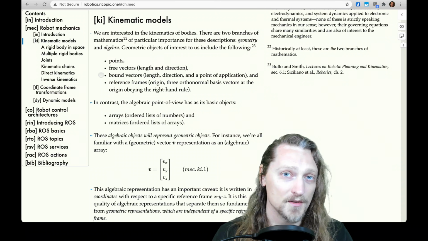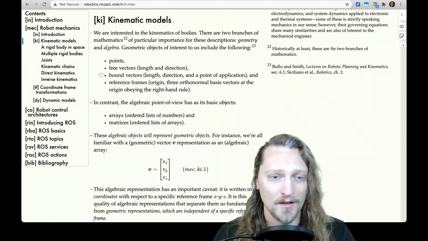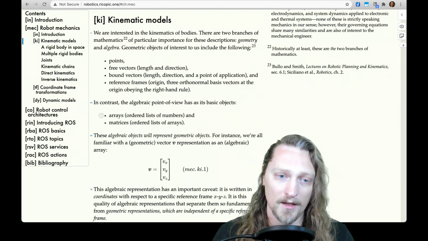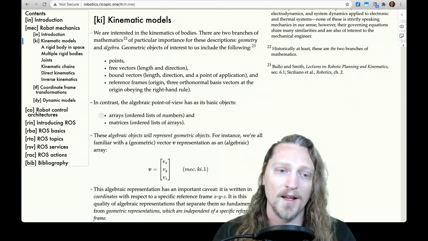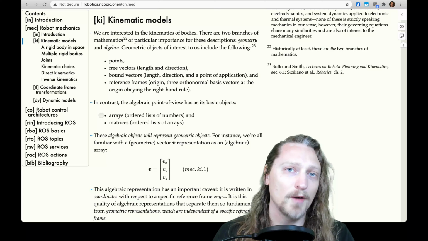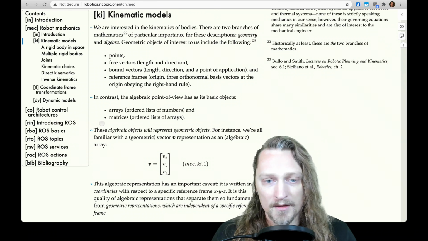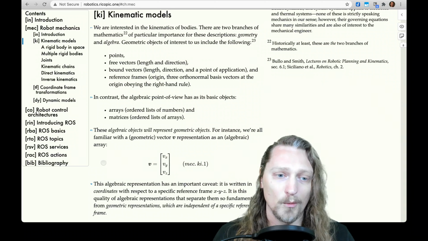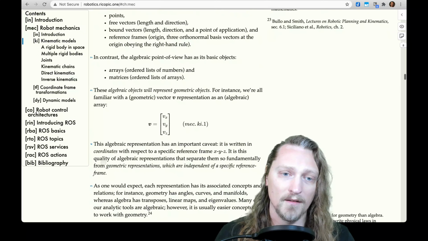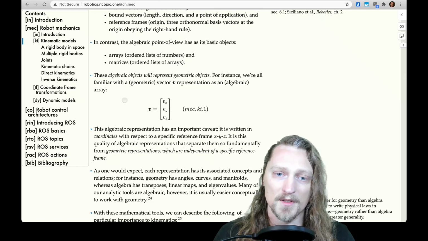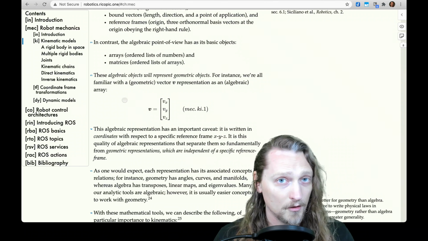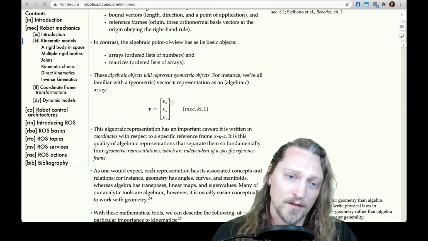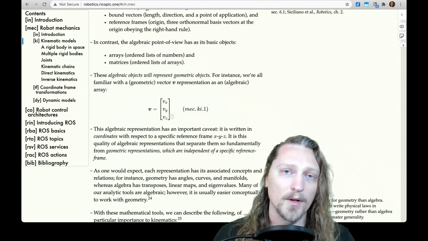In contrast to these geometric objects, the algebraic point of view has its basic objects: arrays, ordered lists of numbers, and matrices, ordered lists of arrays. These algebraic objects will represent geometric objects. For instance, we're all familiar with a geometric vector V represented as an algebraic array. V, the vector, is represented by this list of three components.